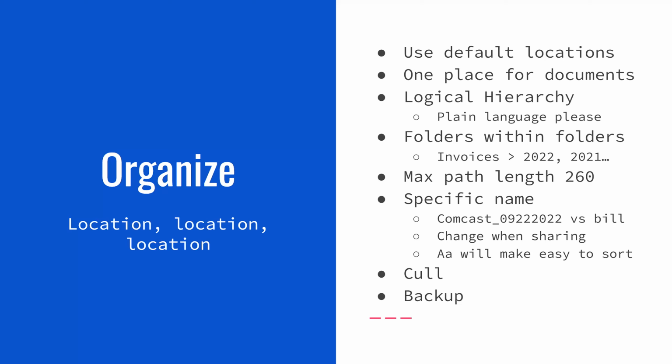That means that if a folder has a title that is 10 characters long, and a file in that folder, if you just use a full sentence to describe the file, you may make that file too long for it to be easily found. So this generally will be an issue if you have multiple folders within folders, because as you go down that tree, you're adding up those characters and then Windows will run into an issue.